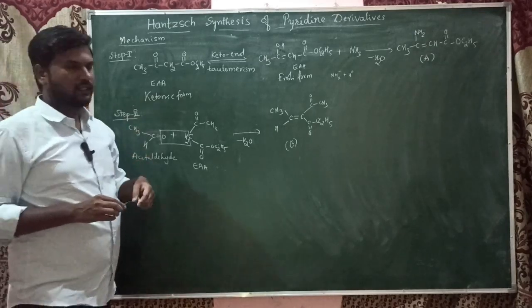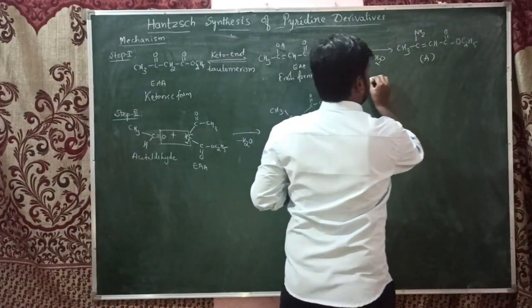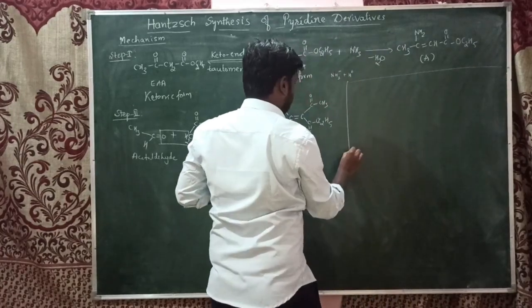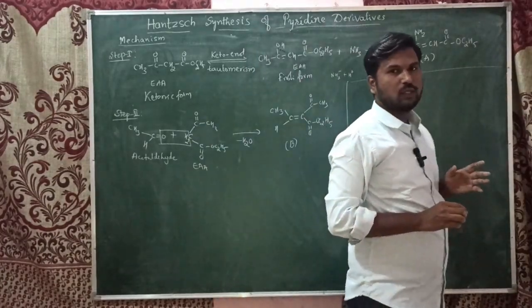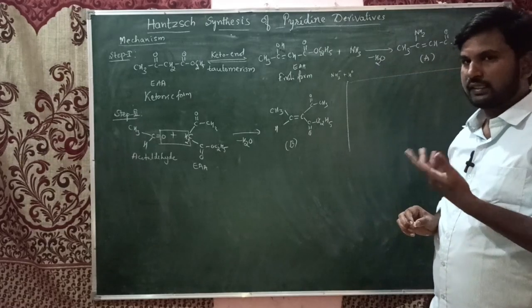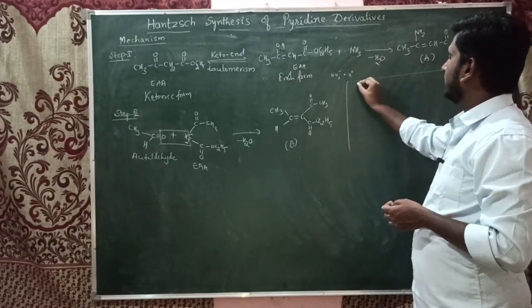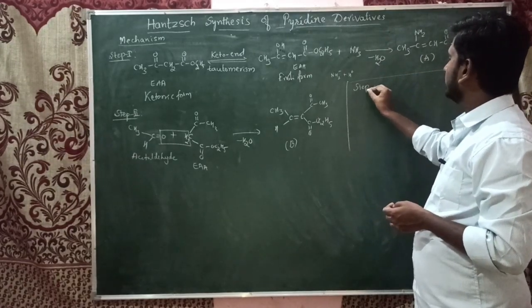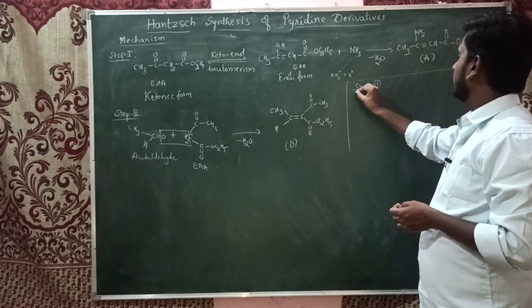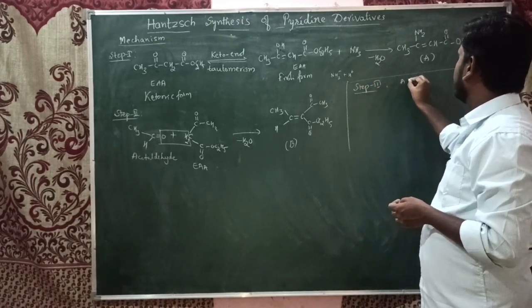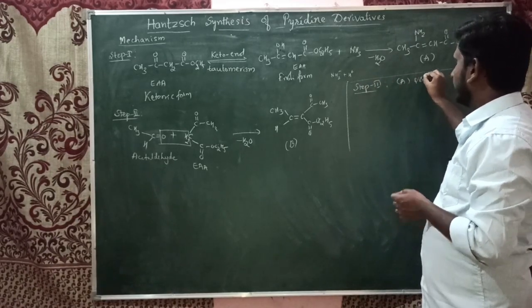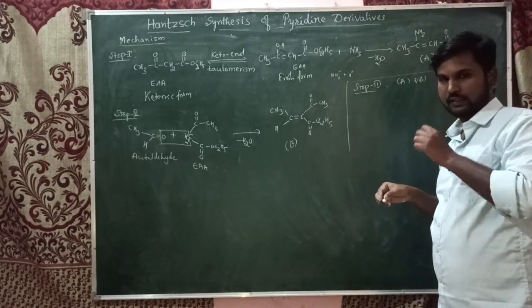Let me have all the steps on the board, because we can easily get it later. So if I come to step 3, here A and B are reacting. Let me write that one.